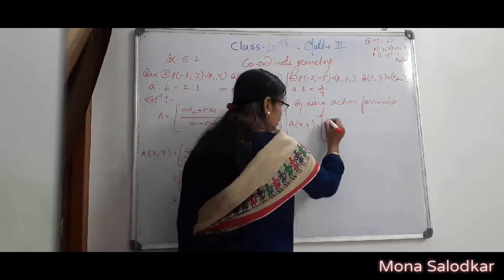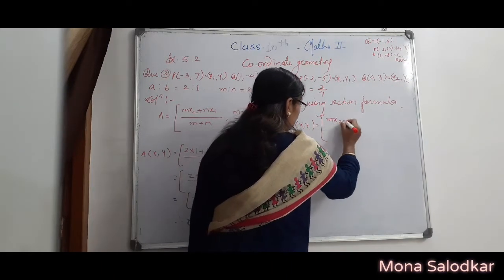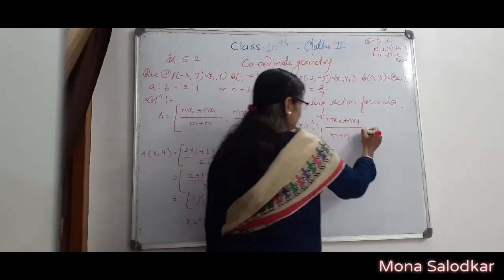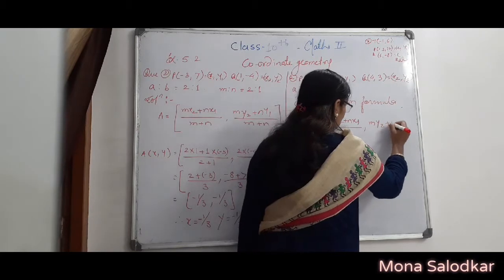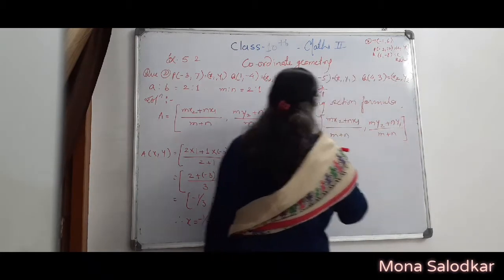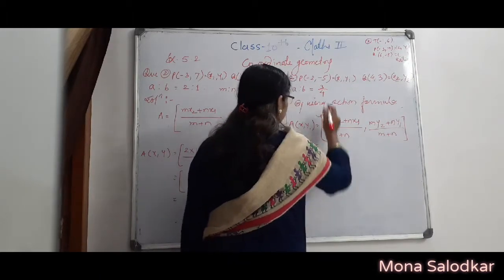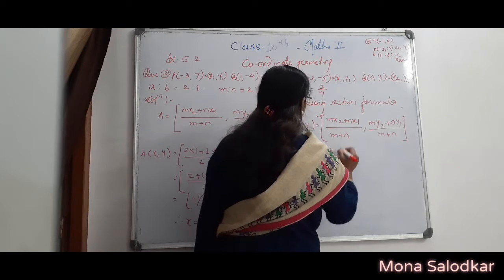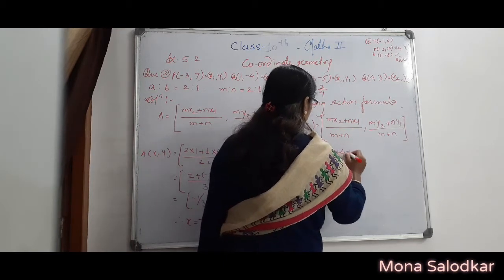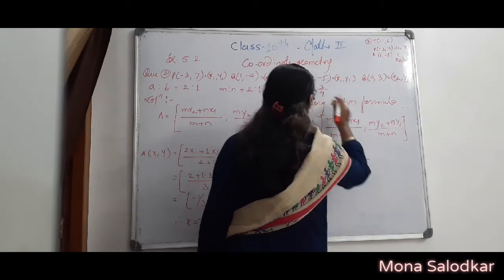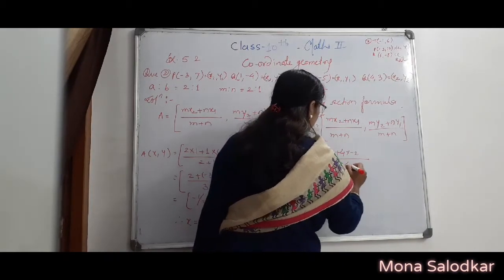Now use the section formula. What is the section formula? (mx2 plus nx1) upon (m plus n), (my2 plus ny1) upon (m plus n). Now put the values. What is m? 3, x2 4, n is 4, x1 minus 2, upon m plus n, that is 3 plus 4.